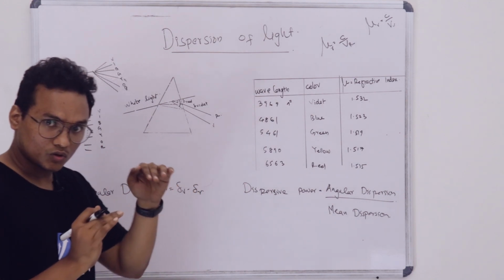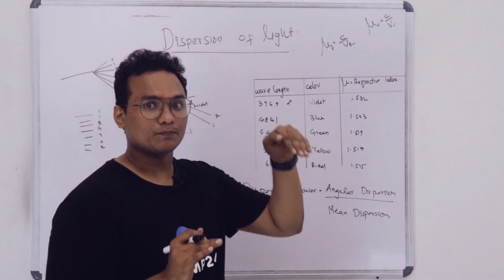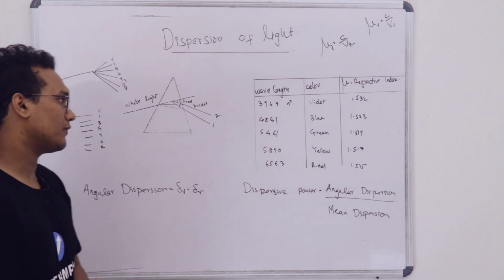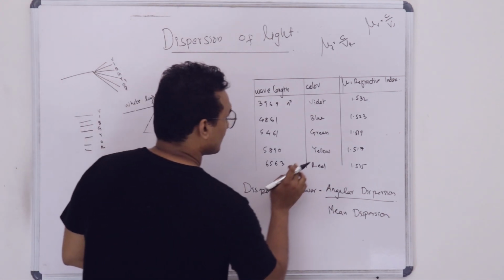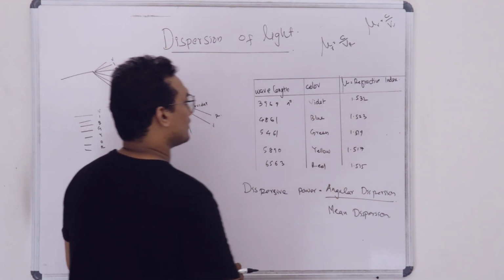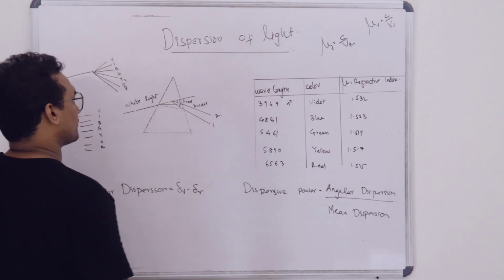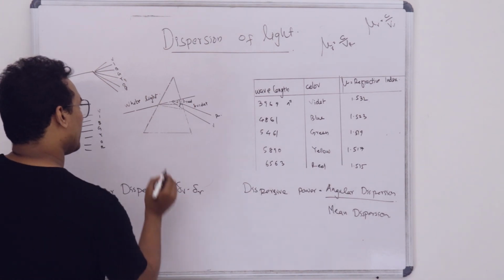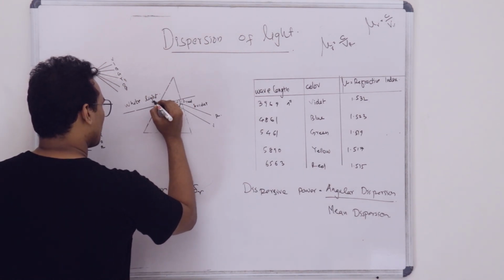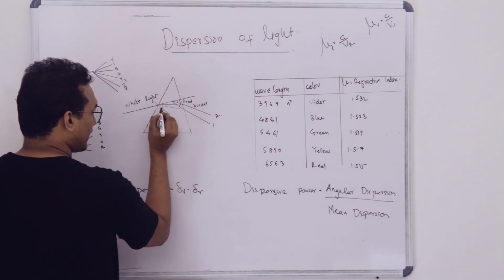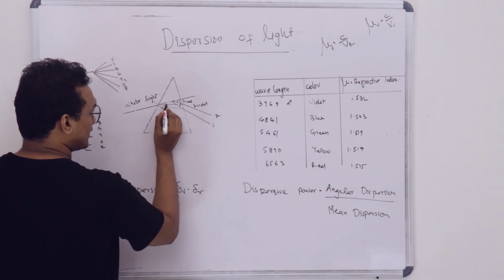The angle through which the refracted ray is bent would be different for different colors. As violet has a higher refractive index, the violet color would be more bent towards the normal. So this is the normal. This is more bent, this is less bent.